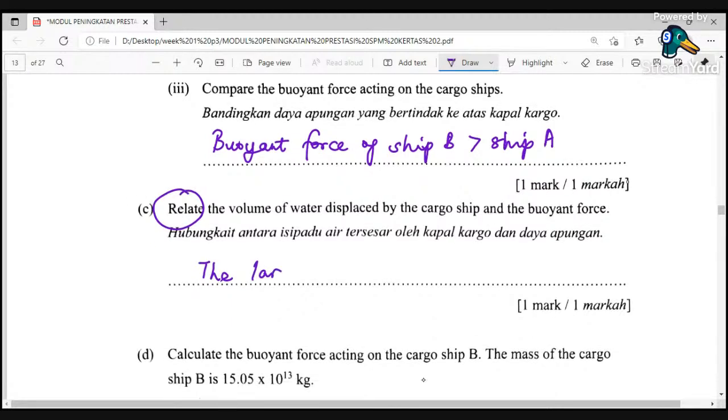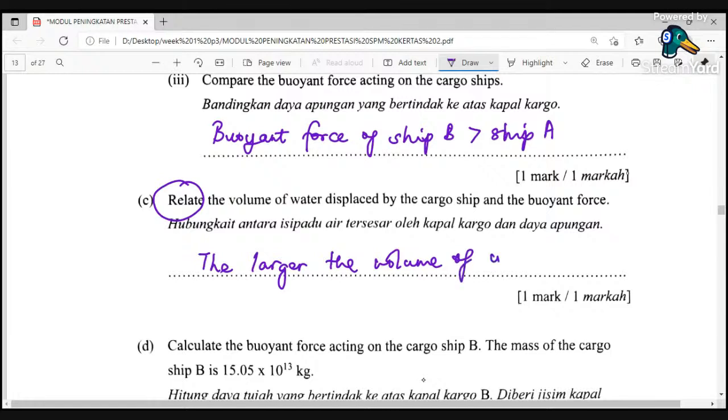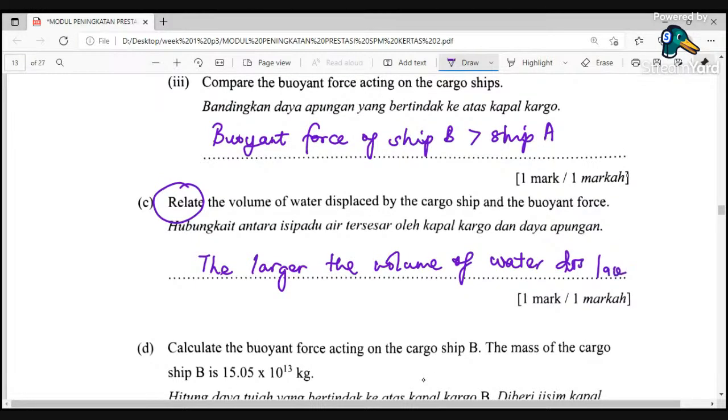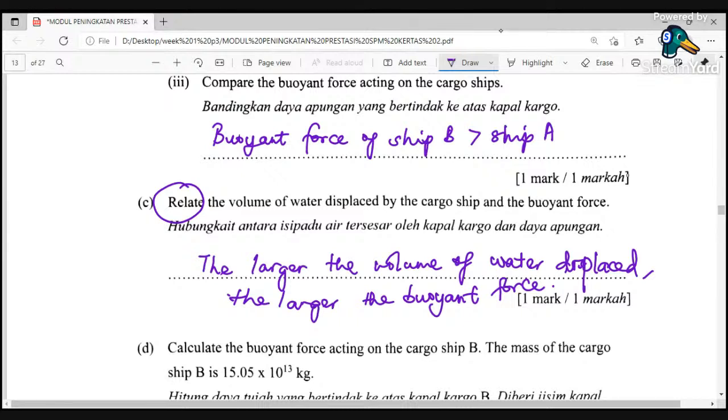The larger the volume of water displaced, the larger the buoyant force.